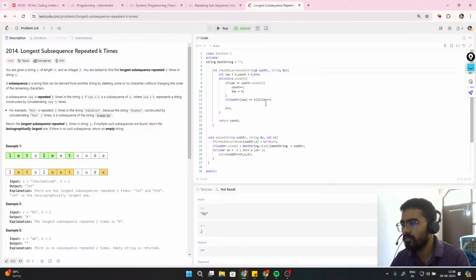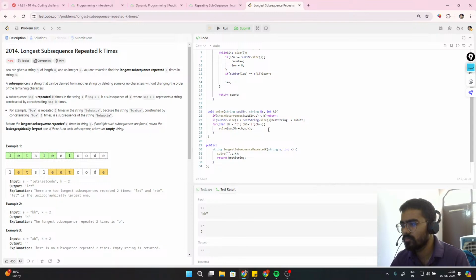The occurrences will be lesser than k. It will return, it will add Y, till there, it will add B.